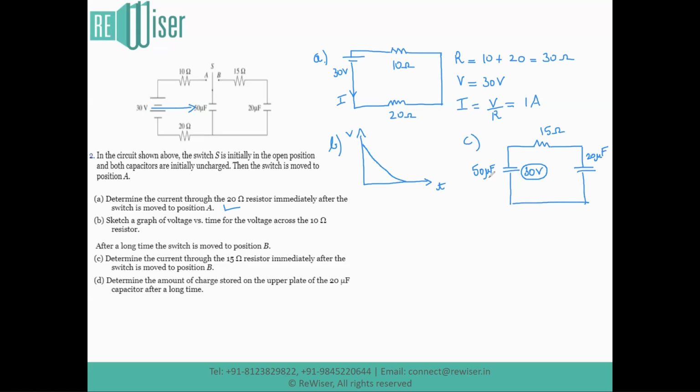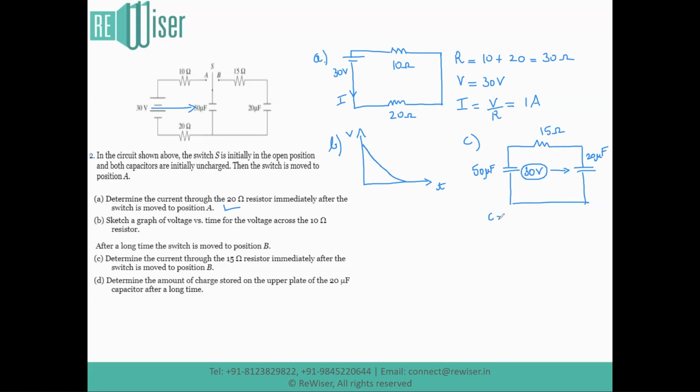Now, the capacitor on the left, which is 50 microfarad, starts to discharge, whereas the capacitor on the right, which is 20 microfarad, starts to slowly charge by using the potential that is provided by the 50 microfarad capacitor. Now, the two capacitors will start to discharge and charge one another up until the potential across both the capacitors matches. Now, to figure this out, let us first find out the total charge that is contained within the 50 microfarad capacitor.